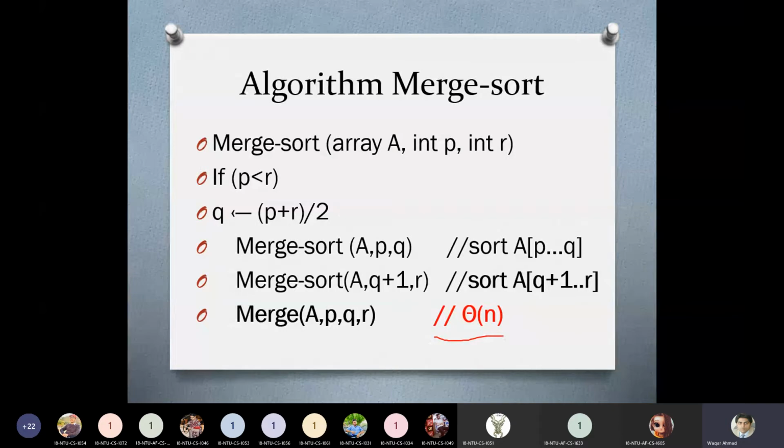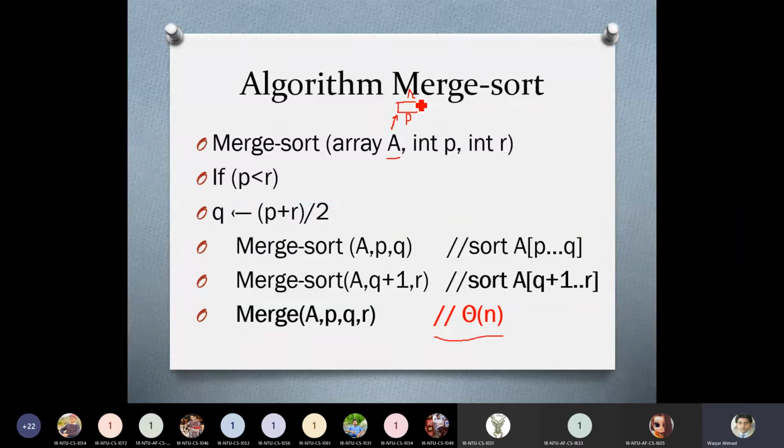Now let's assume the size of the array is equal to 1. What will happen if the array only consists of one element? It means that P and Q, P and R are actually in the same place.